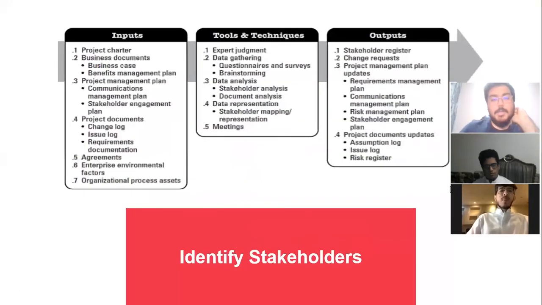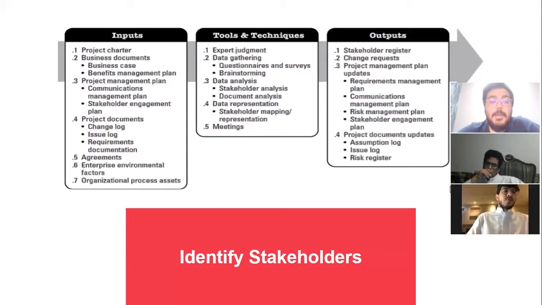Okay, welcome back, guys. Now I'm going to talk about the stakeholders. First of all, the stakeholders technique has three main things: the first one is the inputs, the second one is the tools and techniques, and the last one is the outputs. For the inputs for our stakeholders, we should have the project charter. Second, the business documents, which include the business case and benefits management plan.